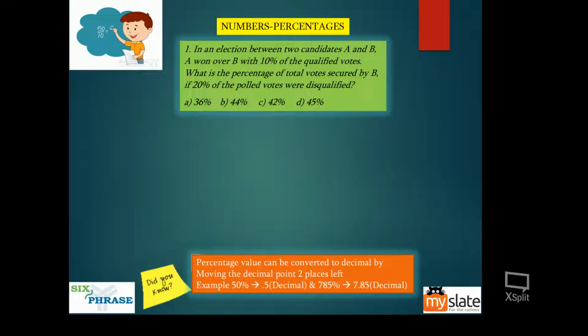So the total number of qualified votes is 90. It is not the total number of votes. The total number of votes is 100, but the total number of qualified votes is 90.